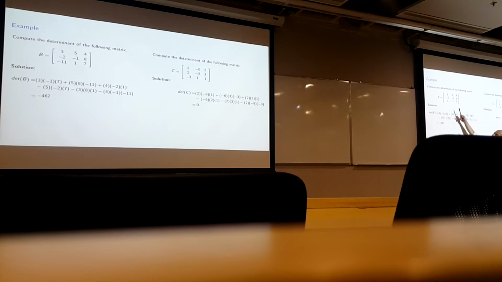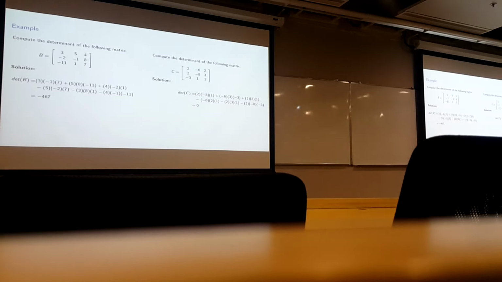By using the definition, this 3 is this one, and then times the determinant of this, which is 7 minus 8, which is -15. And -15 times 3 is -45. I just write it down, 45.